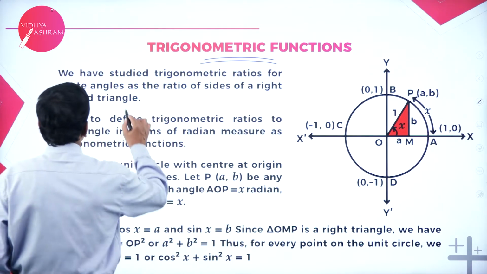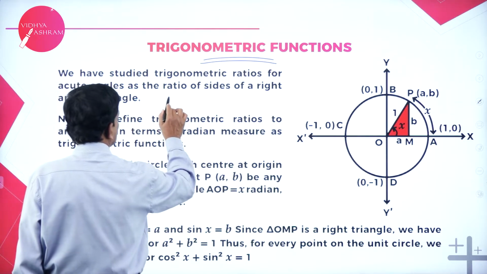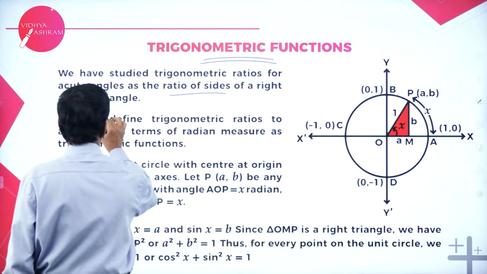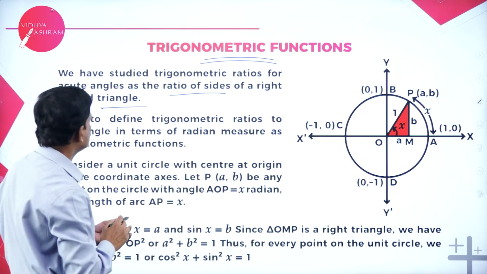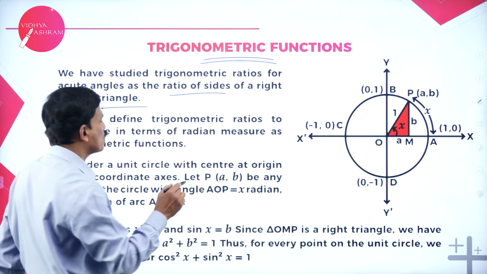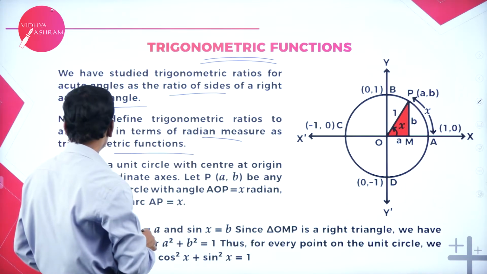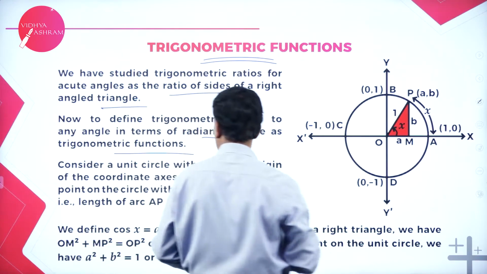Okay. Now we have studied the trigonometrical ratios of an acute angle as the ratio of sides of a right angle triangle. Now, to define the trigonometric ratios of any angle in terms of radian measure as trigonometric functions, we are going to consider a unit circle.